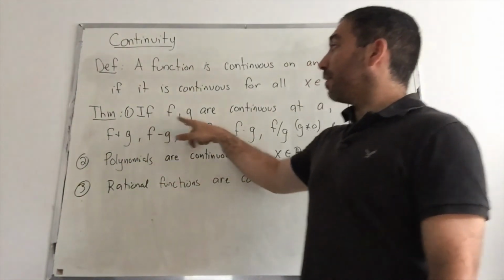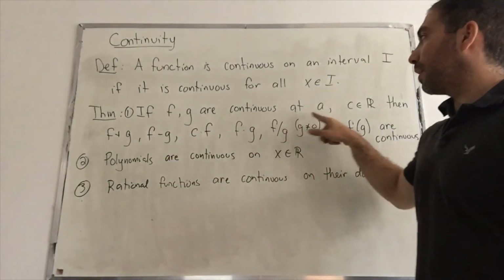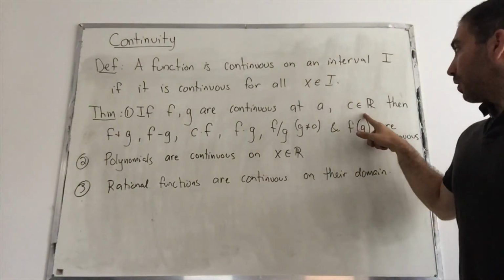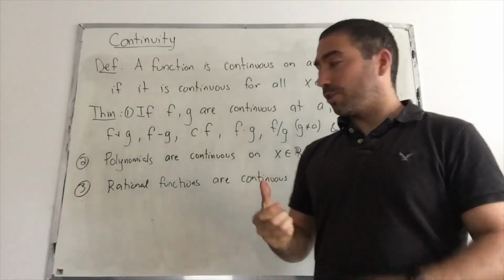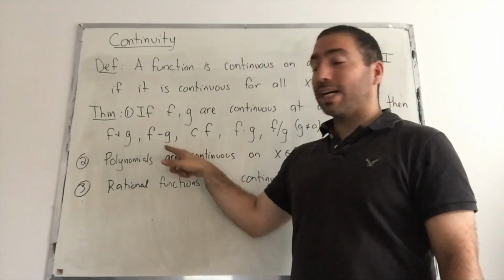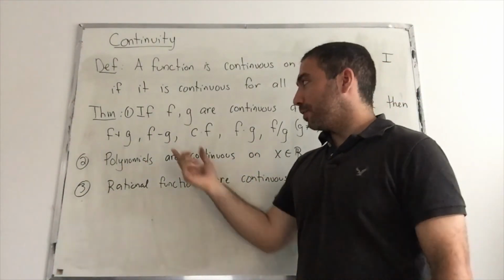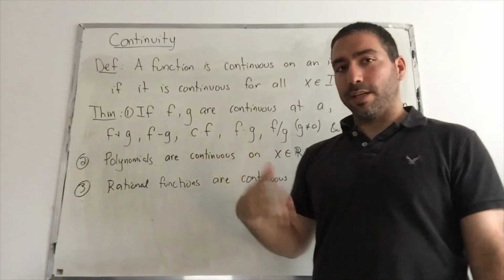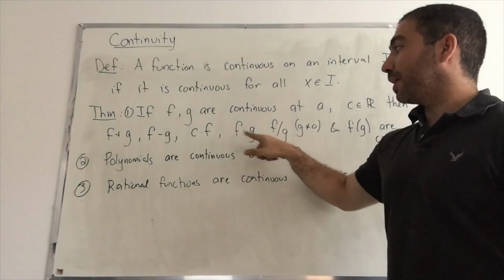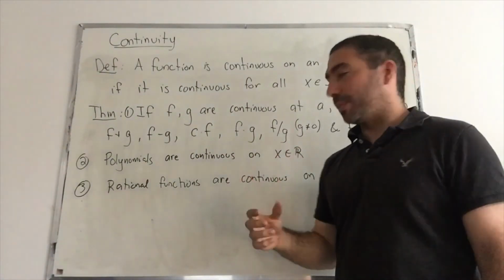So theorem 1, if the functions f and g are continuous at a given point and c is a constant, then the addition of two continuous functions remains continuous. If you subtract two continuous functions, it remains continuous. If you multiply a continuous function by some constant, it stays continuous. If you multiply two continuous functions, again, it remains continuous.